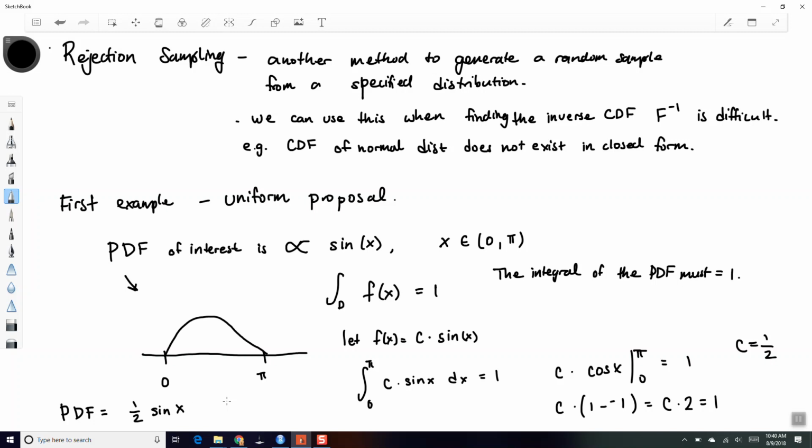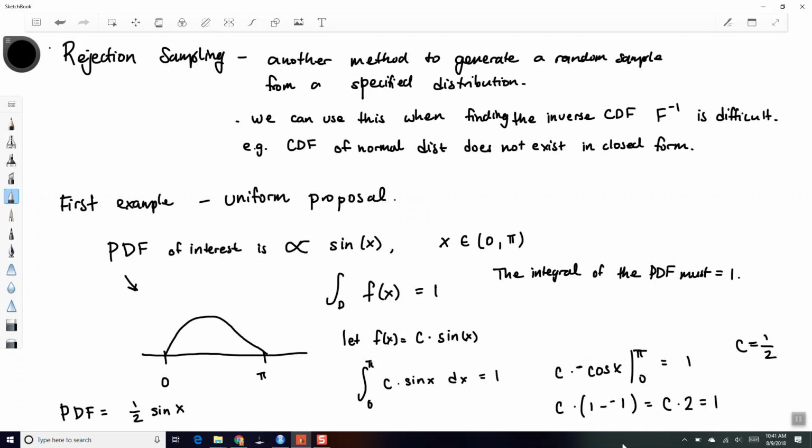Did I do something wrong? Oh, yeah, you're right, sorry. C times negative cosine of x evaluated at pi is 1, and yeah, minus the negative 1. Okay. All right, so far, so good?